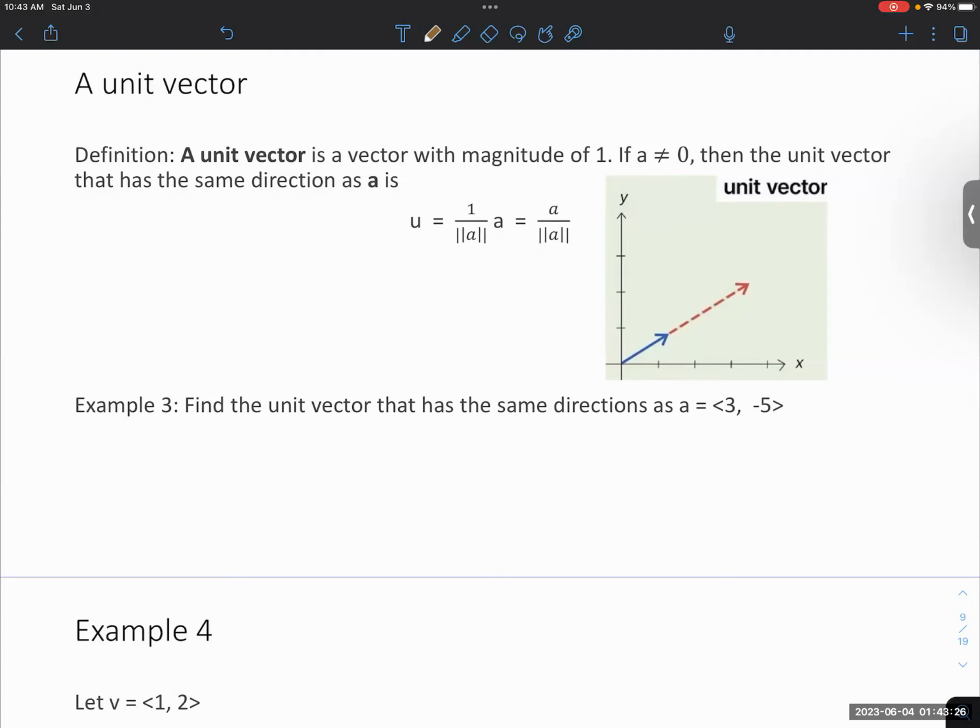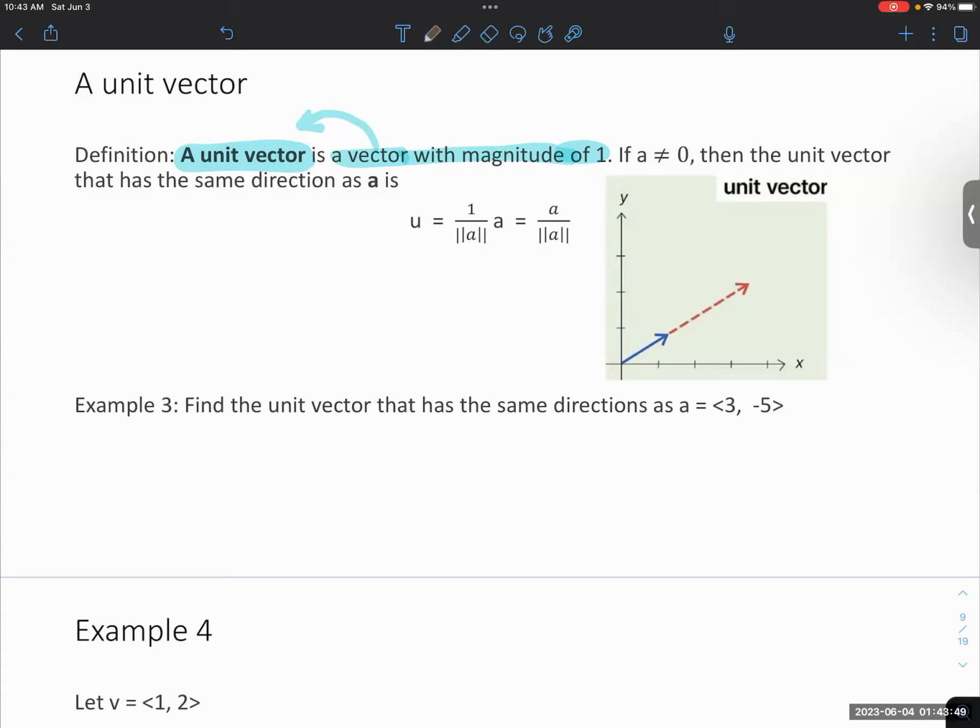So whenever you see new terminology, please be aware of what it means exactly. For example, a unit vector has a specific definition. It is a vector whose magnitude is always 1. If the magnitude of the vector is 1, we call that a unit vector.